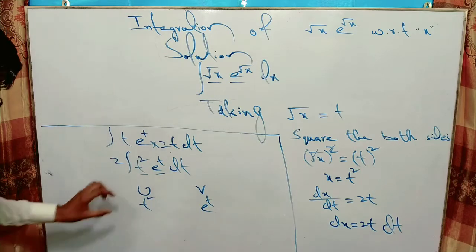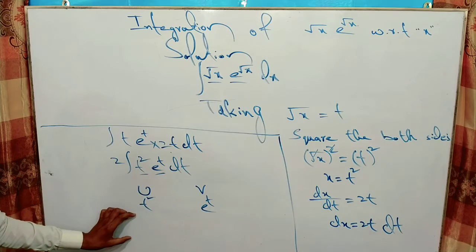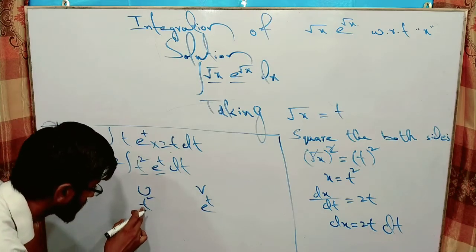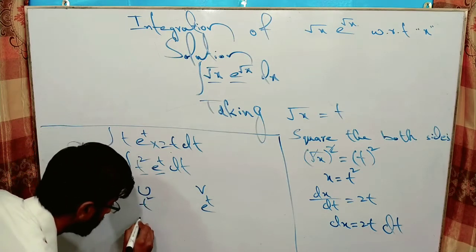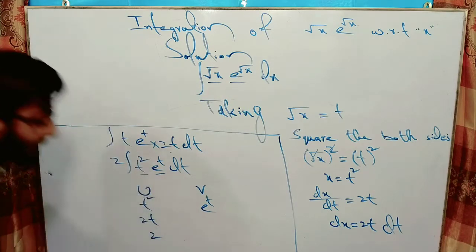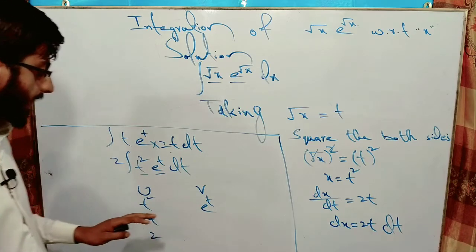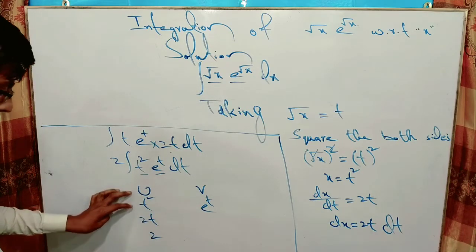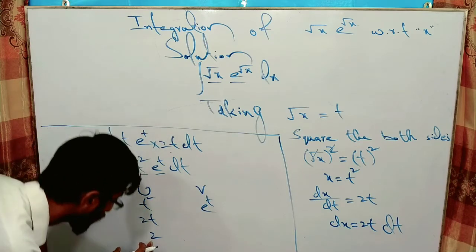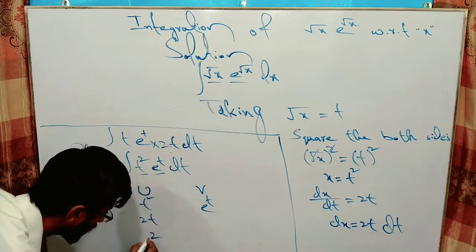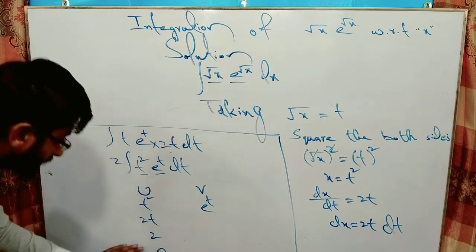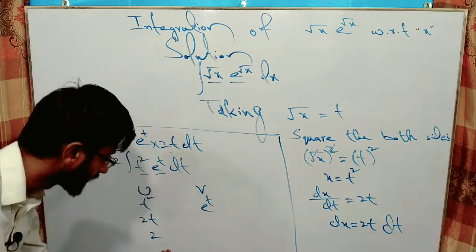So you have to differentiate until it tends to 0. We first differentiate t square, it will be 2t, and again we differentiate, it will be 2, and again we differentiate 2, it will be 0. So there is no need for further steps.